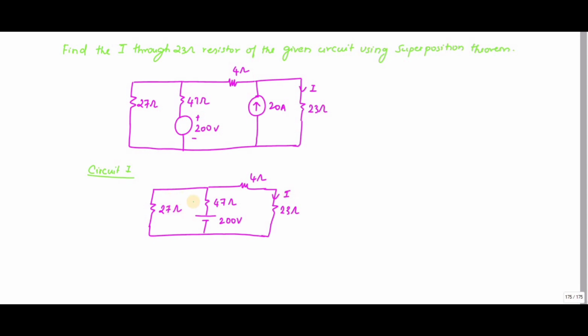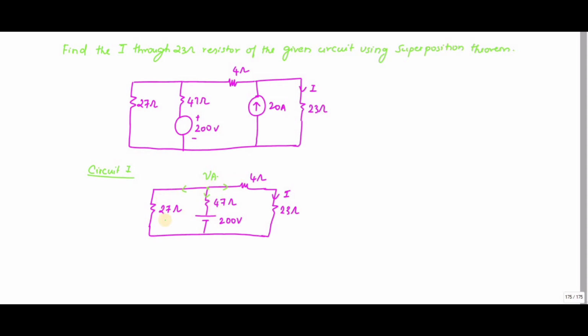Here I'm going to apply the node analysis method. Let me assume all the current is going out in this direction.